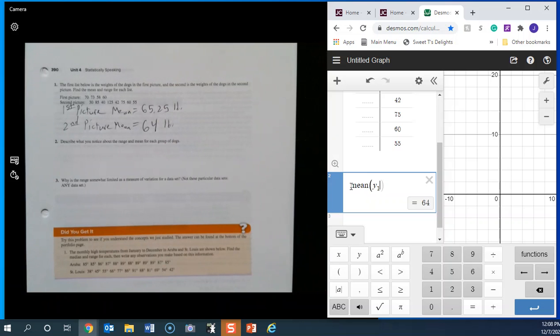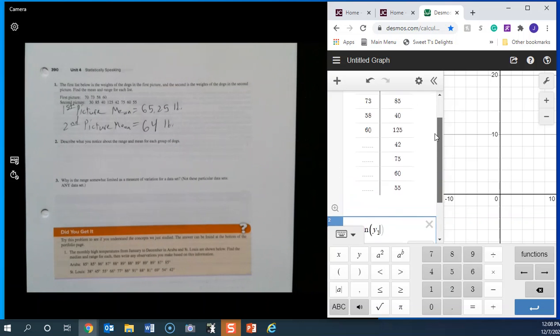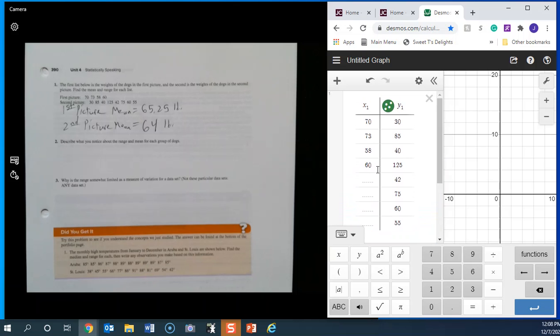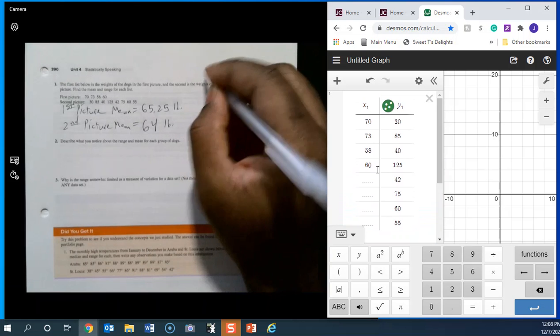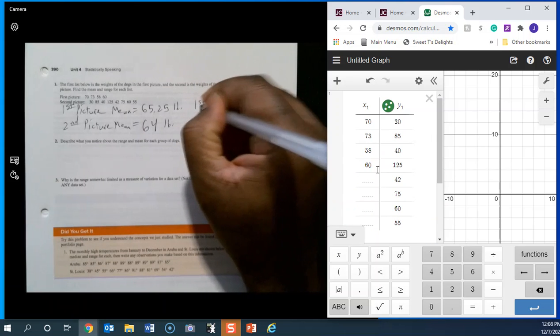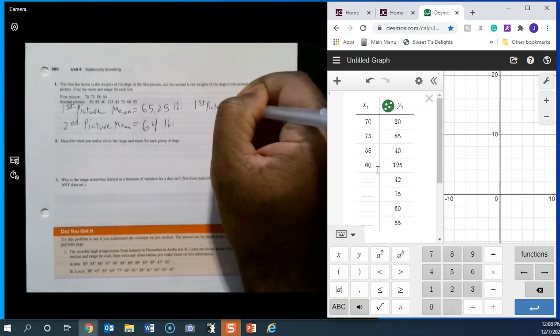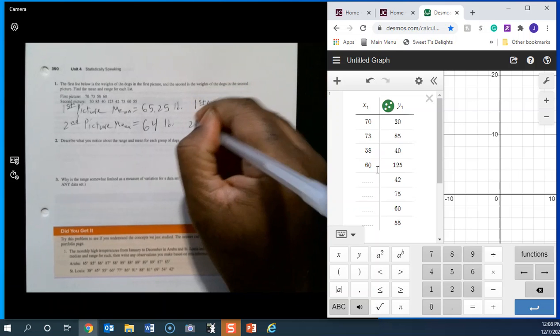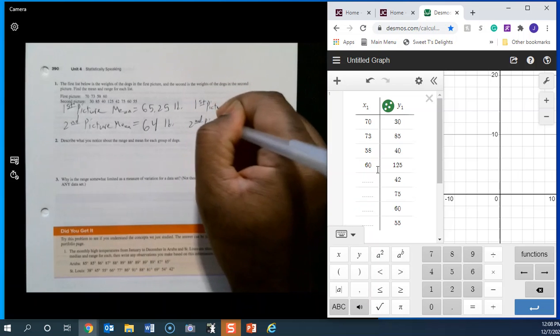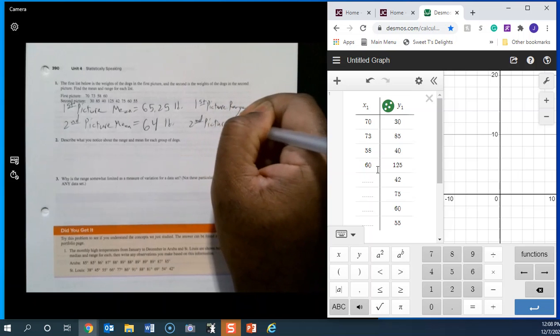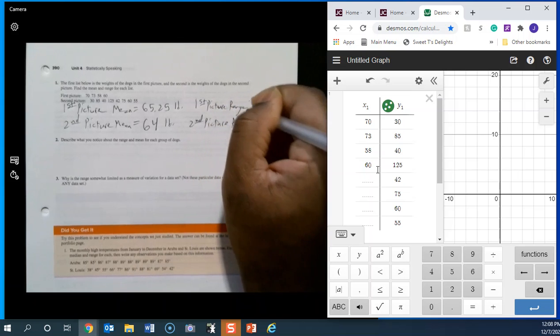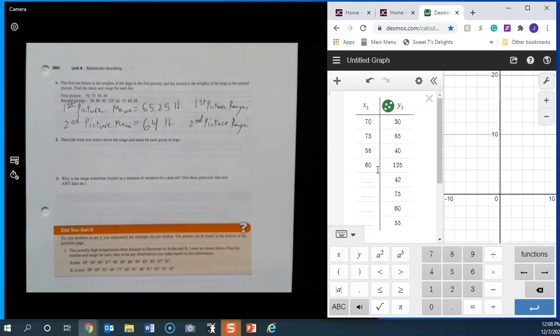Now, of course, because we have a low amount of numbers here, it's easy to kind of tell the range here. So let's just do this. We'll go first picture range, and then second picture range. Now, with the first picture, we have the highest value minus the lowest value.